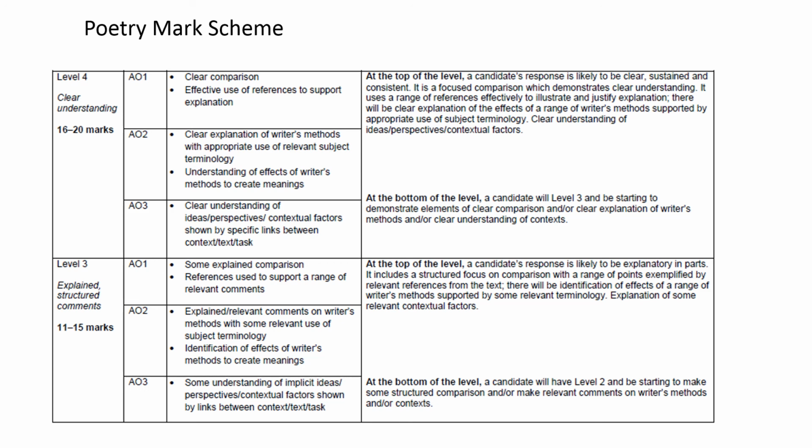So don't just put a quotation in and give a very brief response. It needs to be explained, and you need to focus on the language used. To get into level 4, it's going to be clear understanding, so it's starting to explore the writer's methods and starting to understand how those methods create different meanings, and writing that in a clear and concise way.